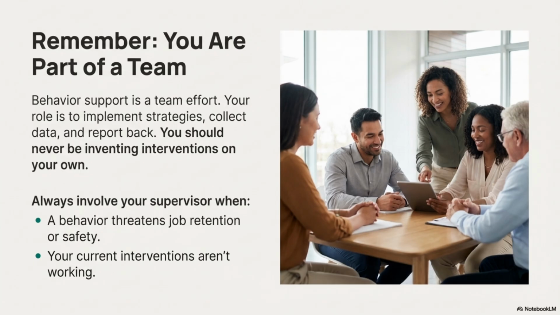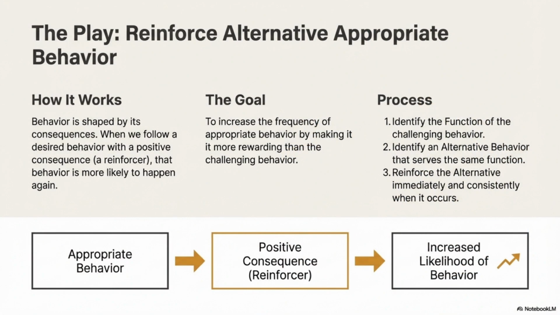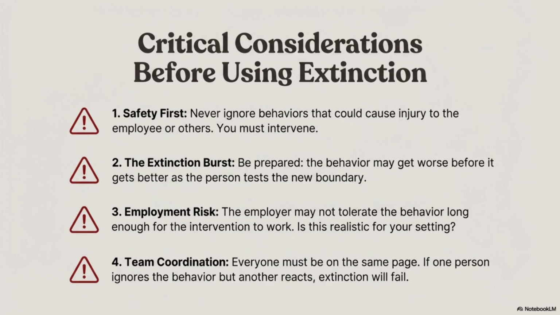Let's review what you learned today. First, reinforcing alternative appropriate behavior is the most powerful intervention. Teach a better way to get what they need and reinforce it consistently. Second, extinction means ignoring behavior that's maintained by attention, but it requires careful consideration and isn't appropriate for all situations.